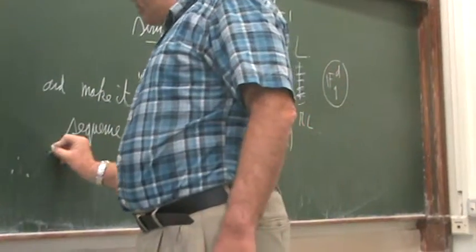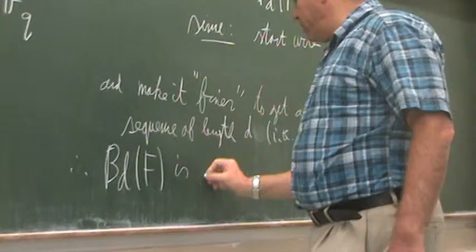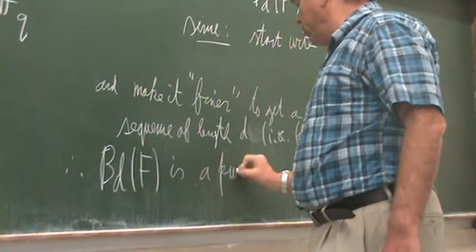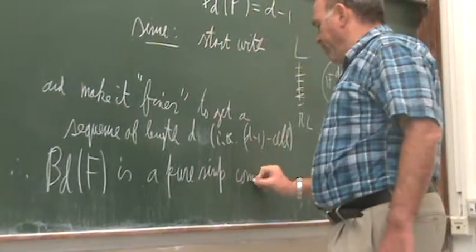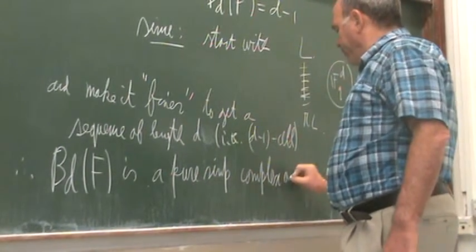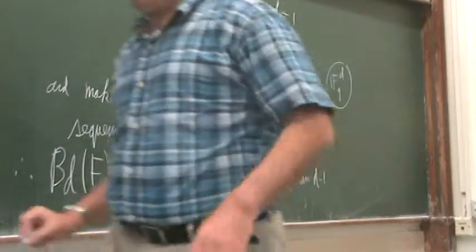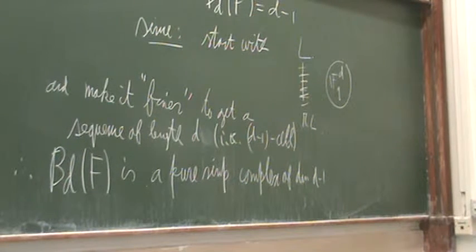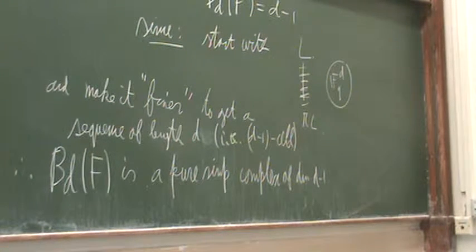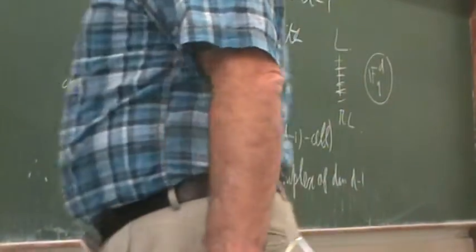So the corollary is that BD of F is a pure simplicial complex of dimension exactly d minus 1. You remember that the spherical one, when we work with dimension d, was something of dimension d minus 2. Right? Here it is d minus 1, one more.